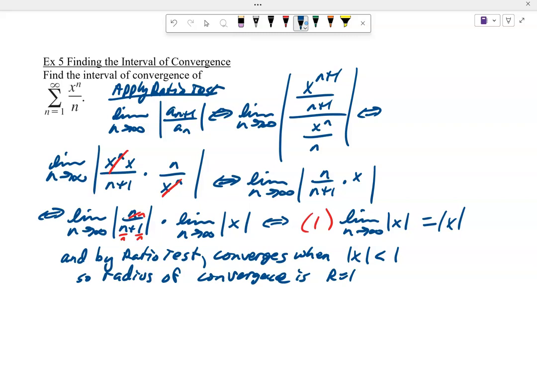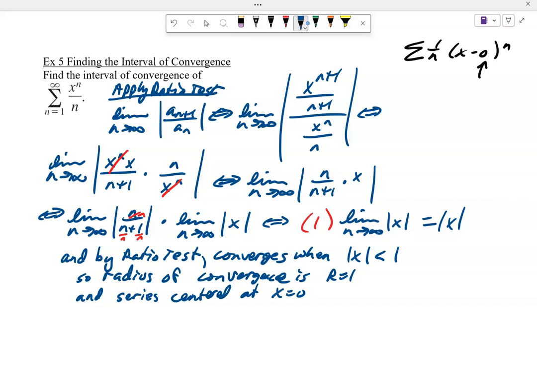And we know the series is centered at, let me go back to the series, this is 1 over n, x minus 0 to the n. It's centered at 0. So we have absolute value of x, as long as that's less than 1, it'll converge.